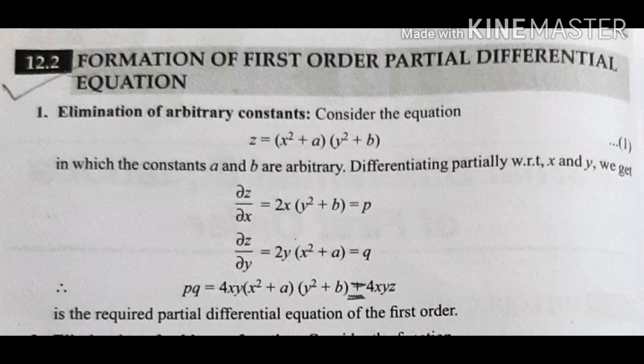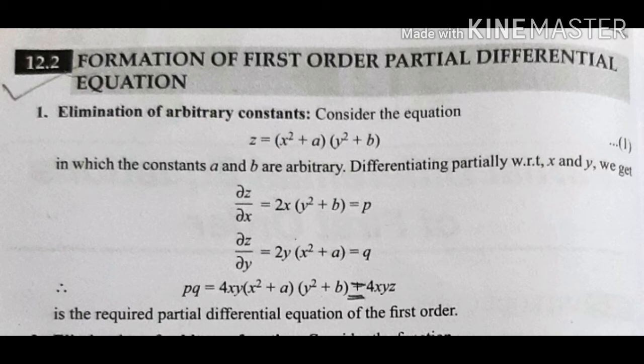We treat y as a constant. So, y square plus b is unchanged and the derivative of x square plus a is 2x. So, del z by del x is equal to 2x into y square plus b. We know that del z by del x is equal to p. So, we write it as p.